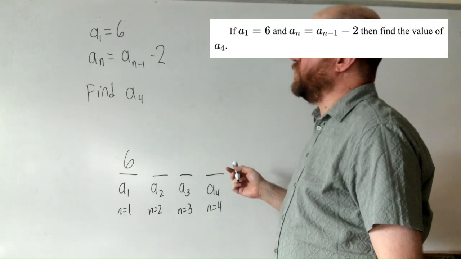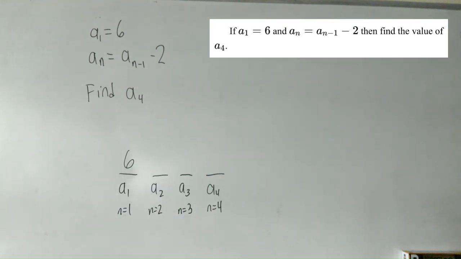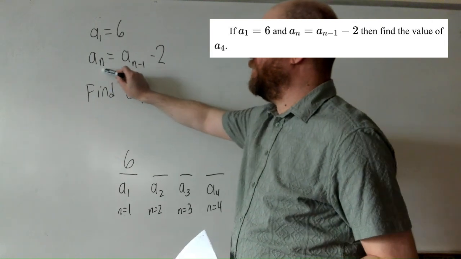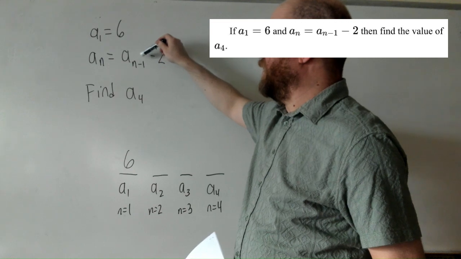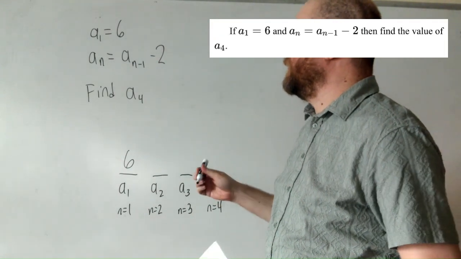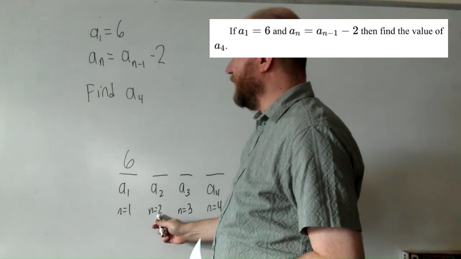So what do we do? This formula says, if I want to know a value in this function, I need to look at n minus 1. I need to look at the previous number and subtract 2. So if we're working on this one, n is 2.